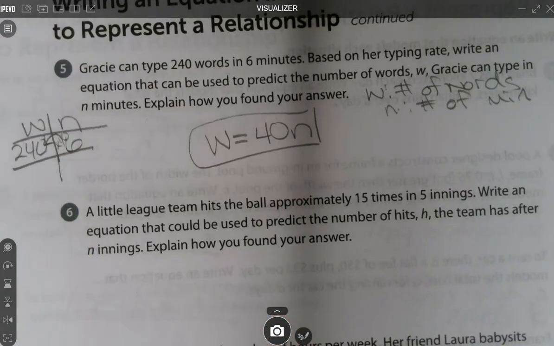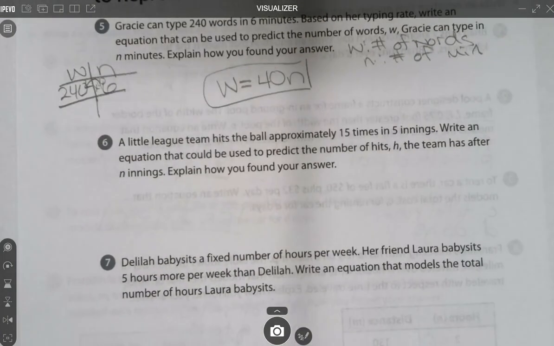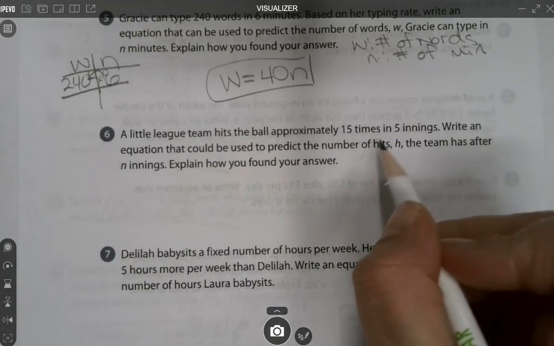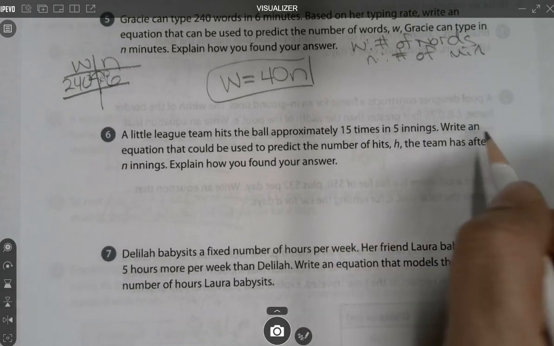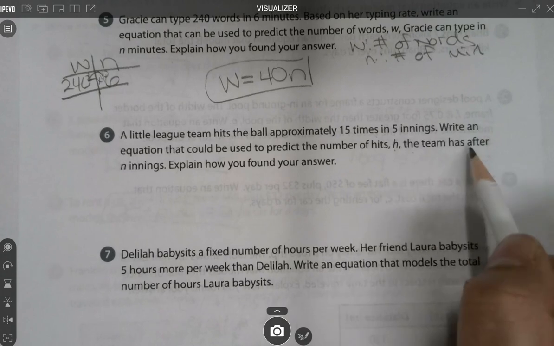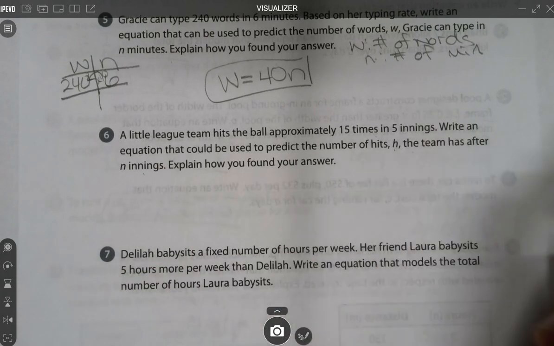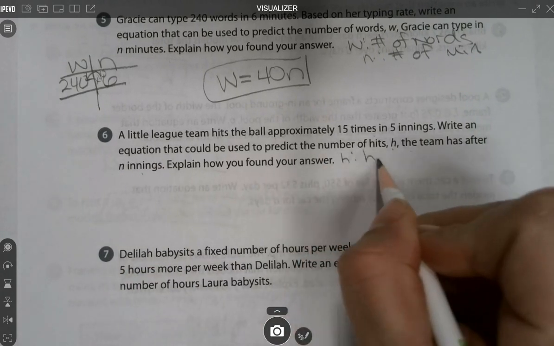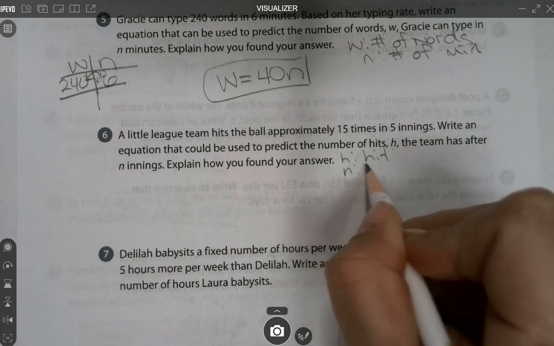All right, let's look at number 6. A little league team hits the ball approximately 15 times in 5 innings. Write an equation that can be used to predict the number of hits the team has after n innings. So hits, n is innings.